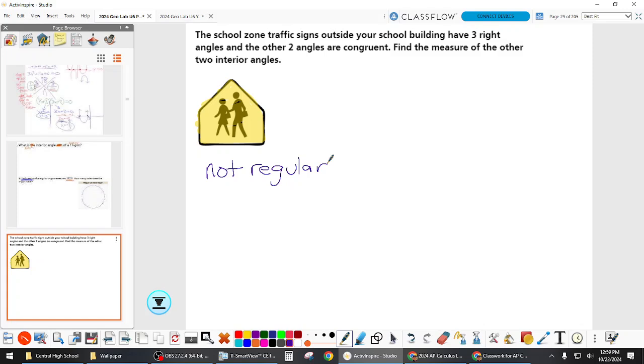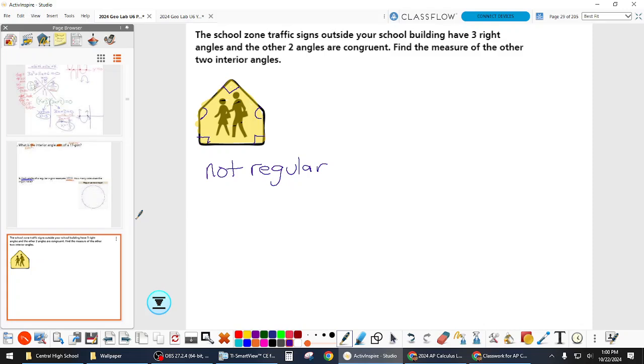No. Okay. So it says it has 3 right angles and the other 2 angles are congruent. So it would be 90, 90, 90, congruent, congruent. How would you figure that out, since we can't use the method we just did because it's not regular?